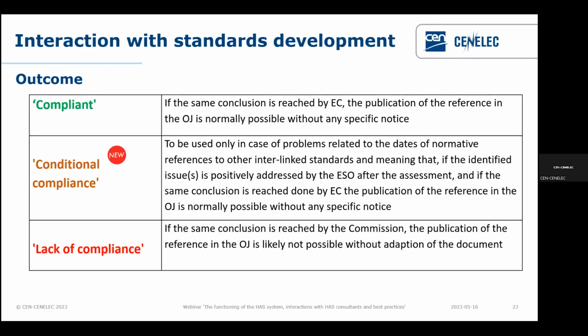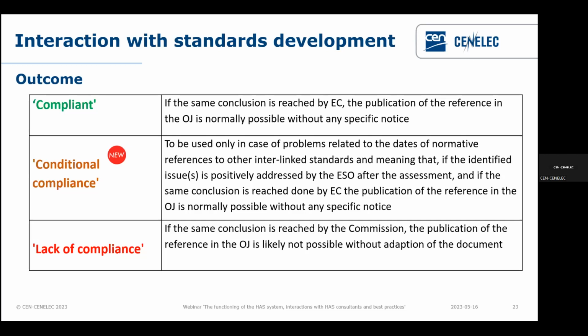The other way around is the lack of compliance outcome. That means the draft has not fulfilled all the requirements from the HAS consultant, and if the European Commission has the same conclusion, the reference will not be published in the official journal.